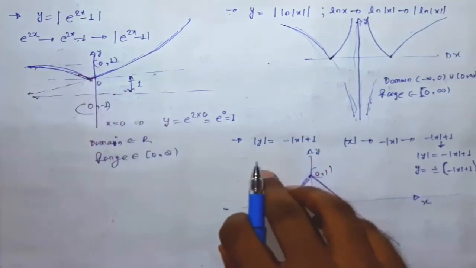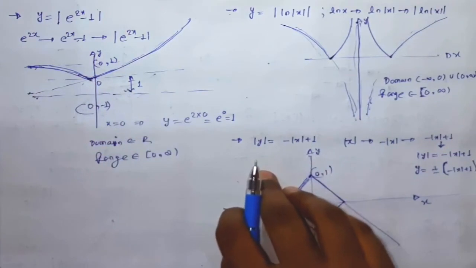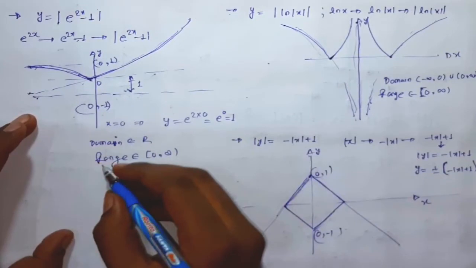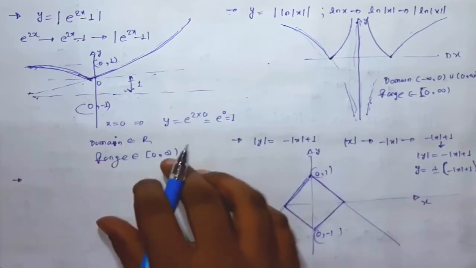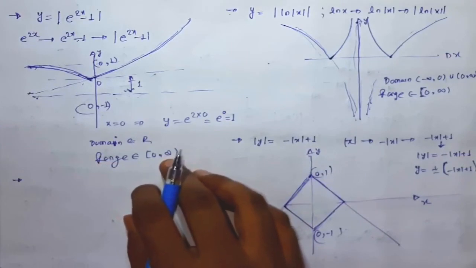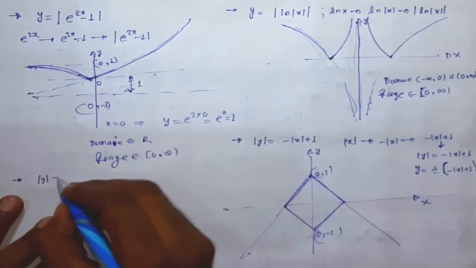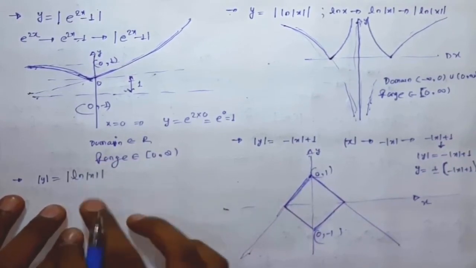Now we will see one more example. Mod of y is equals to mod of ln of mod of x. Okay, we need to draw the graph of this function.